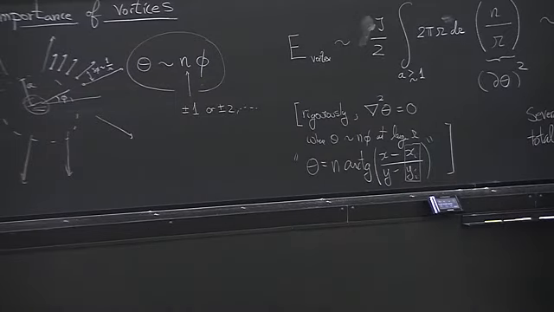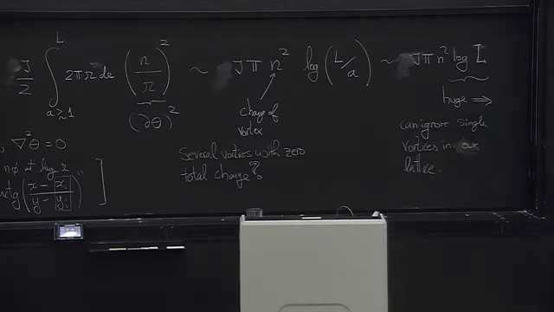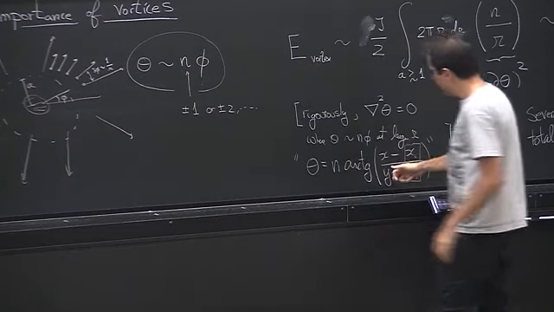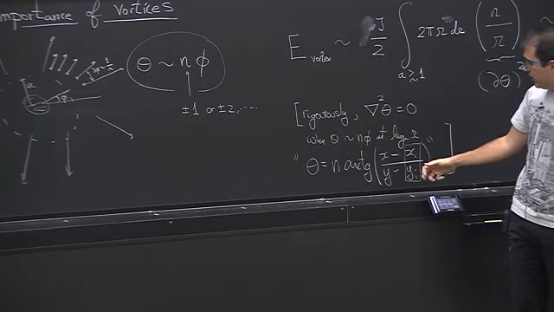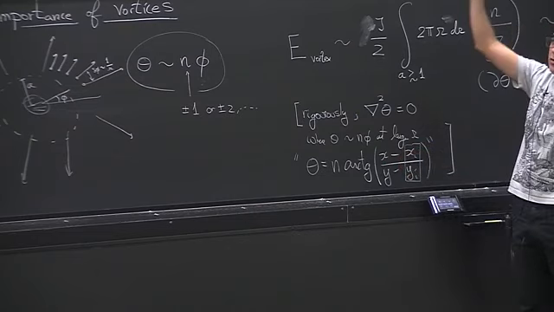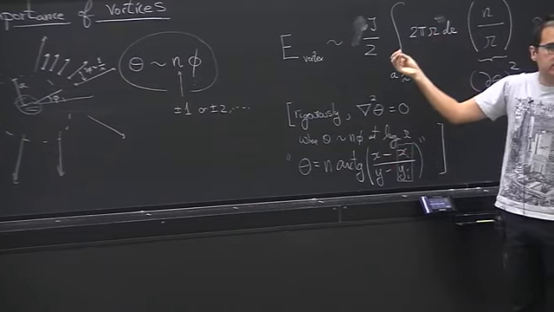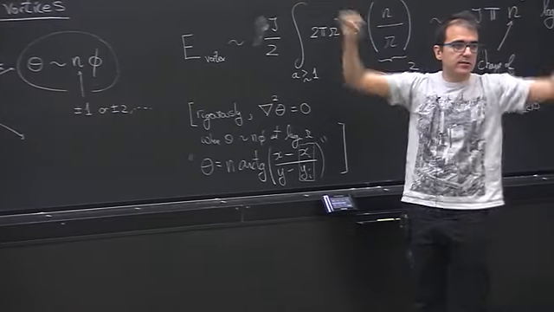Okay. So tomorrow, or on Thursday, what we will do is we'll start saying, okay, if we can have these vortices, let's write a classical configuration that is a sum of vortices. I don't know what their positions are, but I put a gas of vortices.